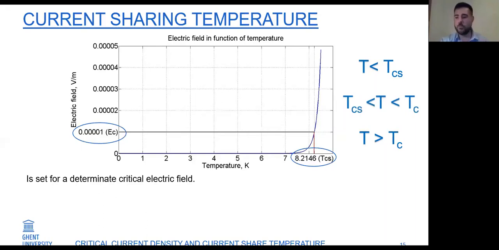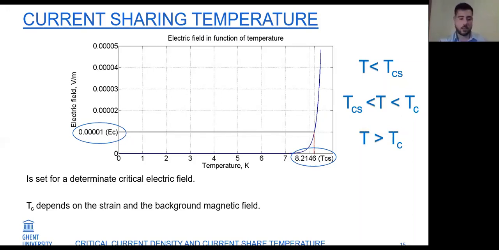And we will be in between the current sharing temperature and the critical temperature at which the superconductors get destroyed. So in this gap, in this space between the two limits, the current can come again to the superconductor and nothing happens. But if it goes higher, then a quench is produced, and this destroys the magnets.